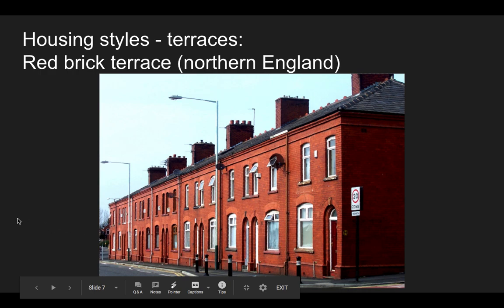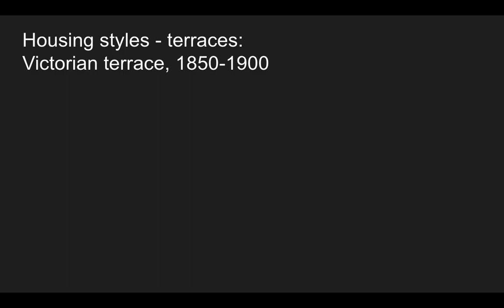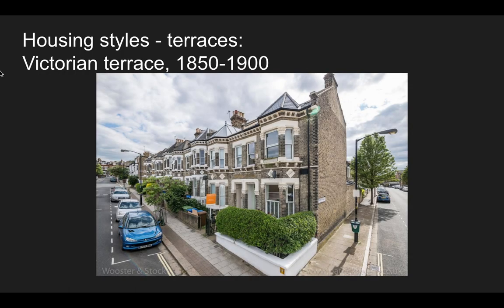So the houses are very red. It's also very common to find terrace houses from the Victorian period, from about 1850 to 1900. They might look like this. This is a Victorian terrace.